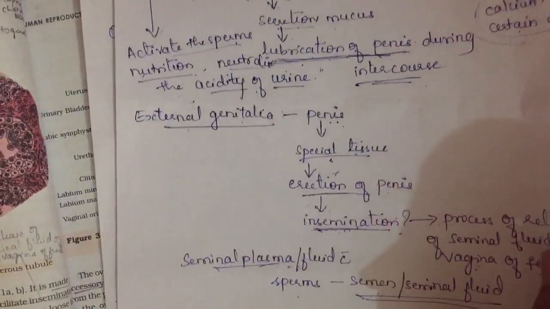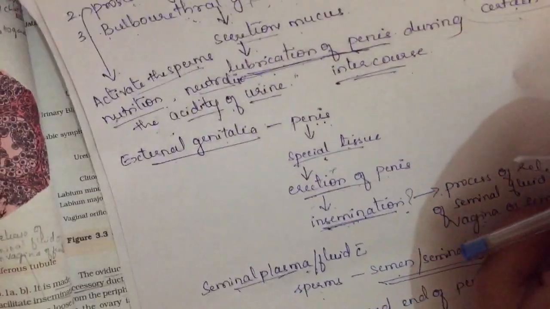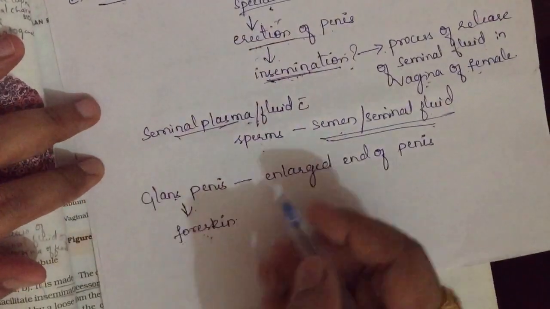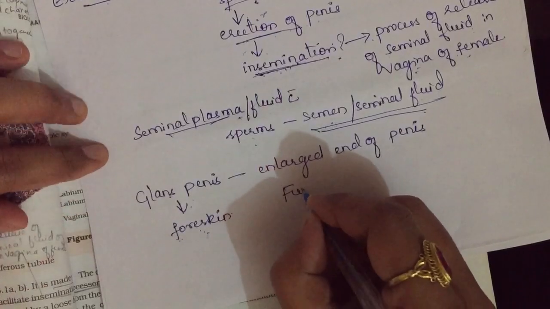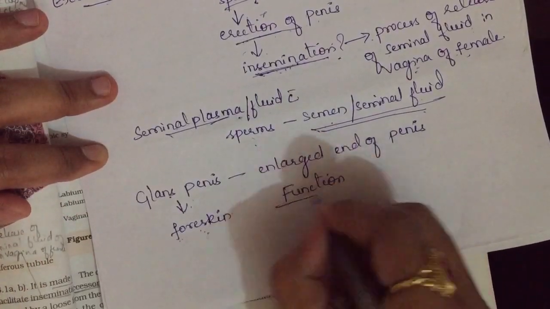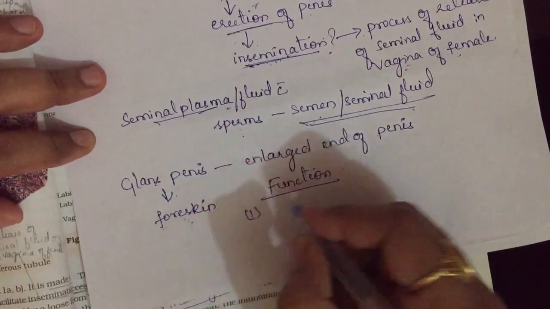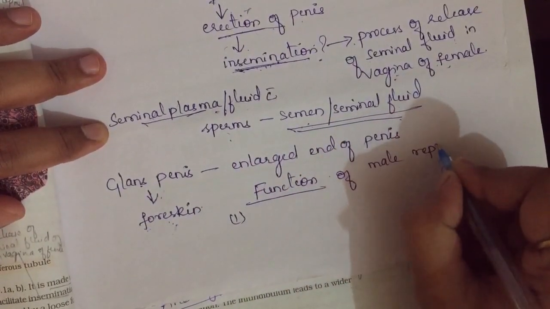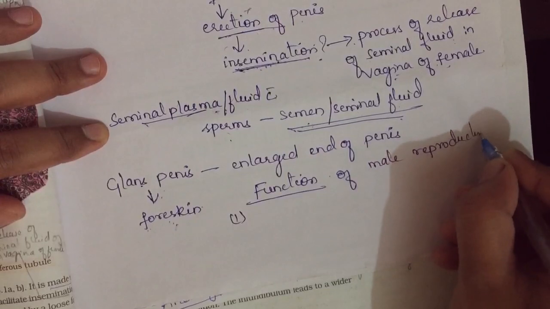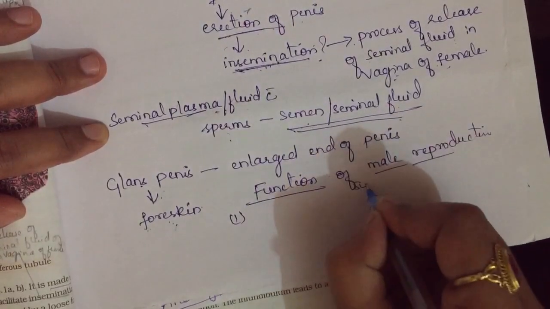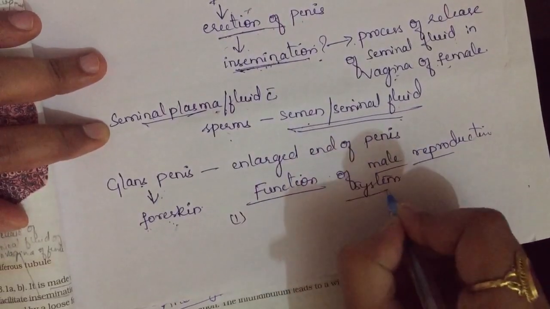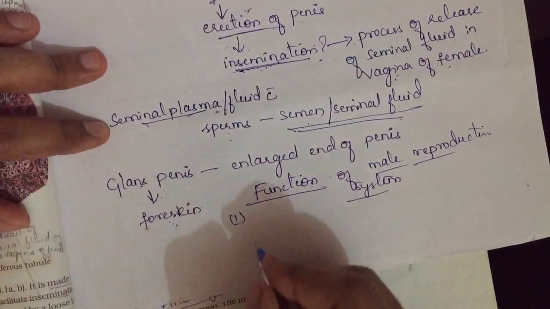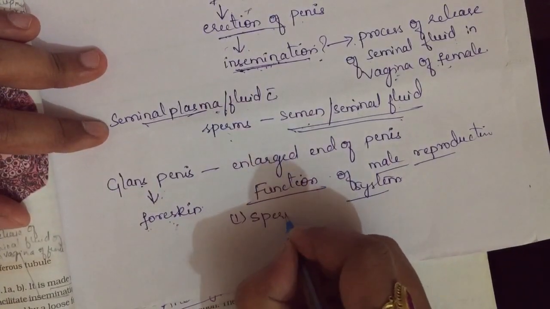And one more last bit I wanted to discuss in the male reproductive system is the function of the male reproductive system. First function is spermatogenesis.